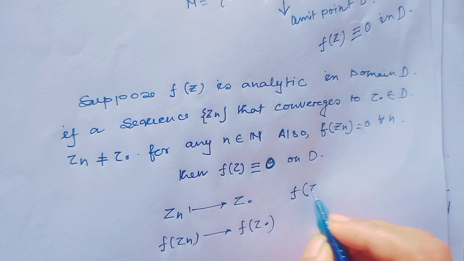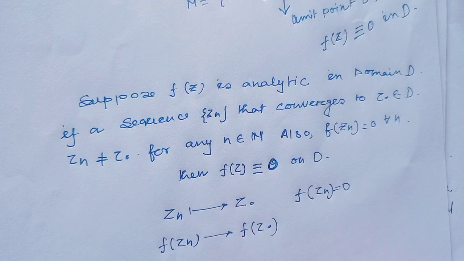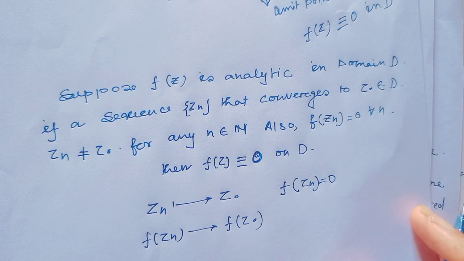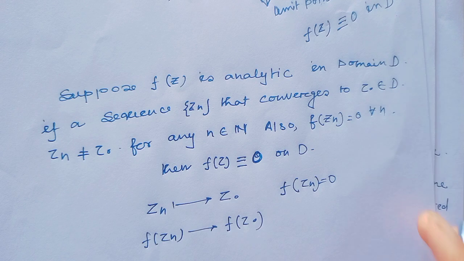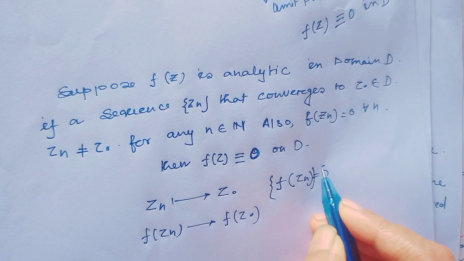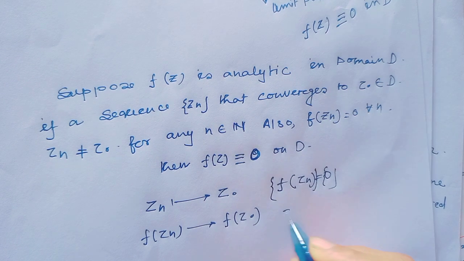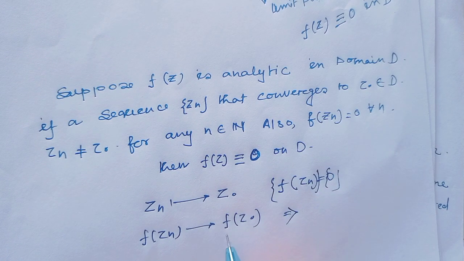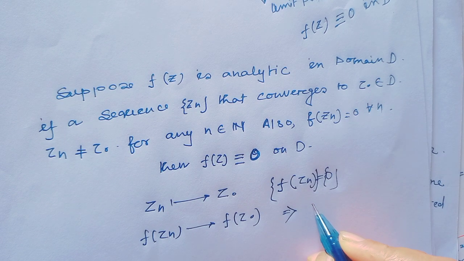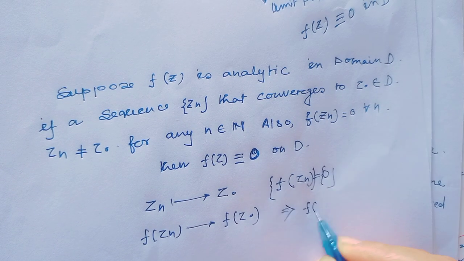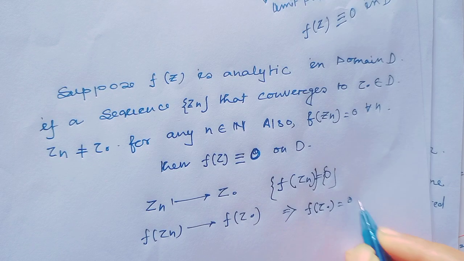If f(Zn) is the sequence which is equal to 0, then since f(Zn) converges to f(Z0), f(Z0) would be equal to 0.